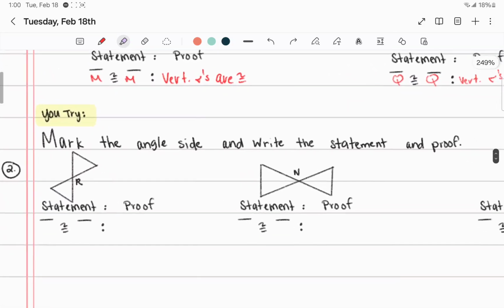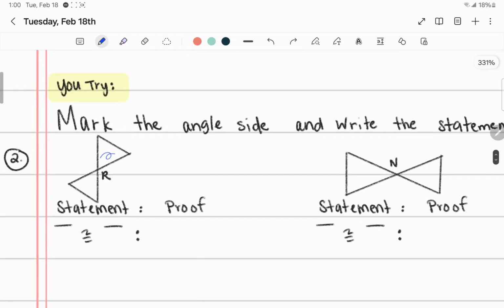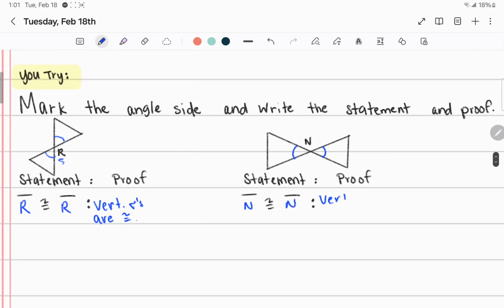For my bow tie, we mark it R, which is this letter, vert angles are congruent. Mark it, N, vert angles are congruent.